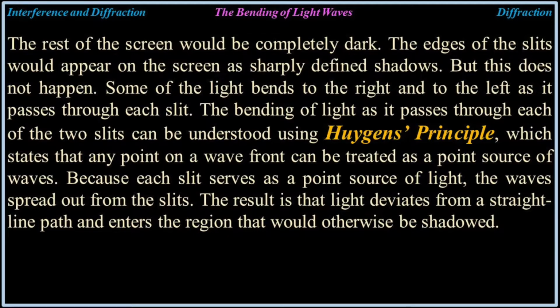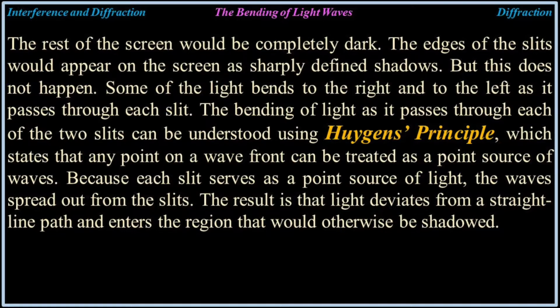Some of the light bends to the right and to the left as it passes through each slit. The bending of light as it passes through each of the two slits can be understood using Huygens' principle, which states that any point on a wave front can be treated as a point source of waves.